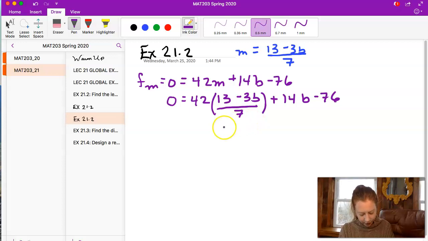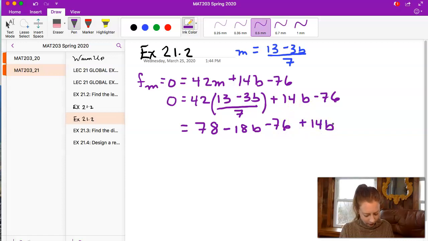Okay, and this is going to give us 78 minus 18b minus 76 plus 14b. Okay, and so we end up with 4b is equal to 2, and so b is going to be 1/2.